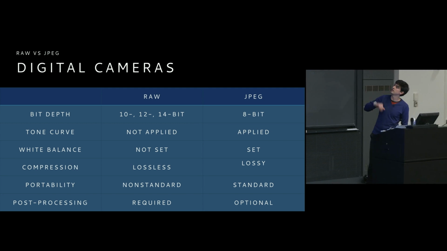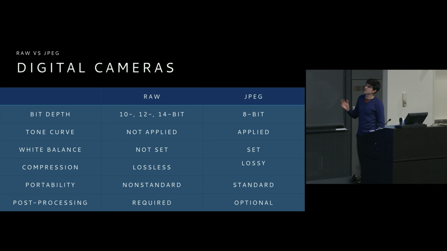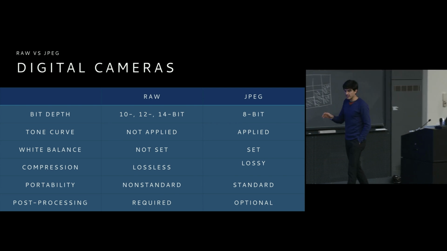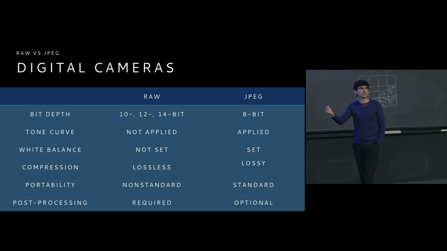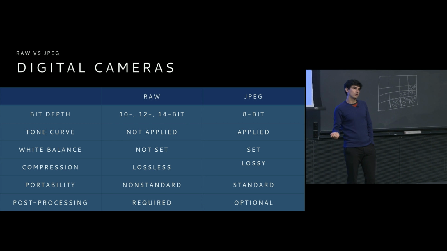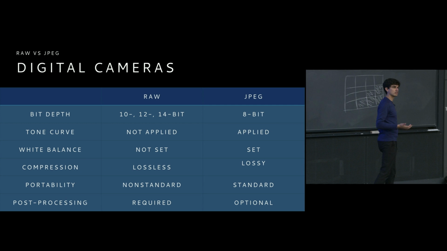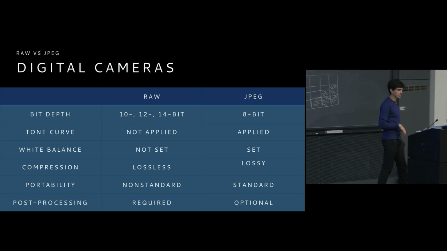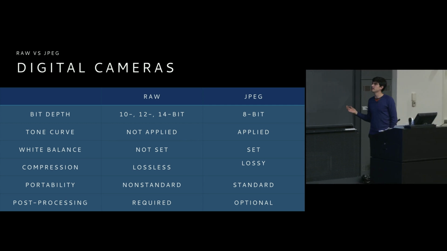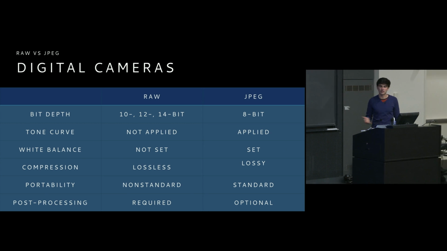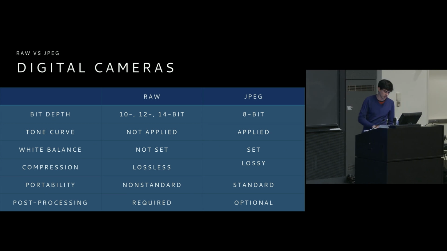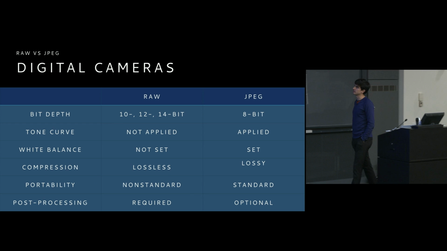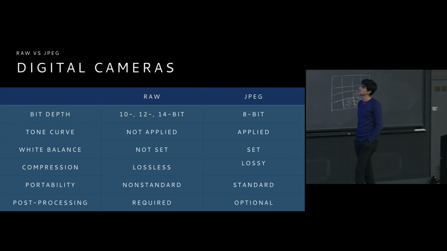And so the word portability here is really like a computer science word, meaning, can I take this file and move it somewhere else and still be able to read it? With RAW, you need special software to be able to interpret this information and to be able to display it on your screen. JPEG is so common that it's very portable and that it's very easy to, in fact, move this image from one computer to the next and from one device to the next and still be able to see it.